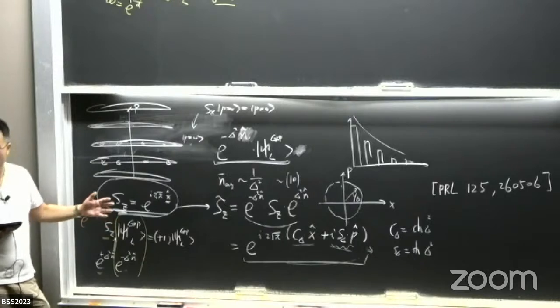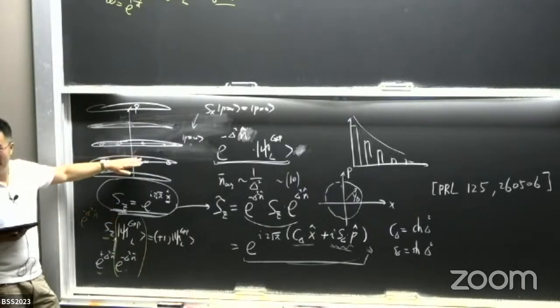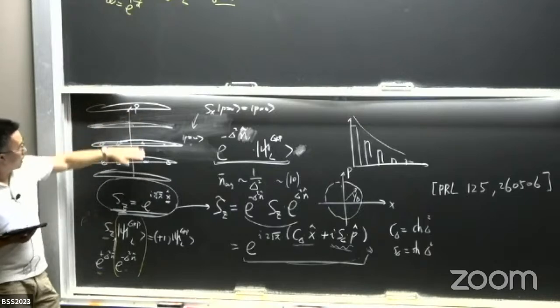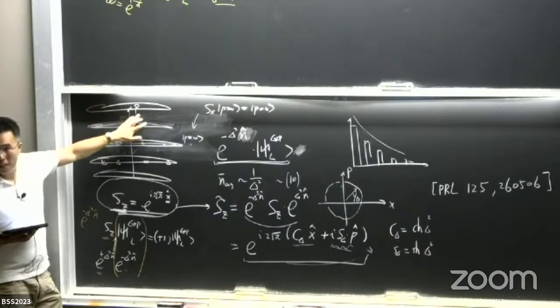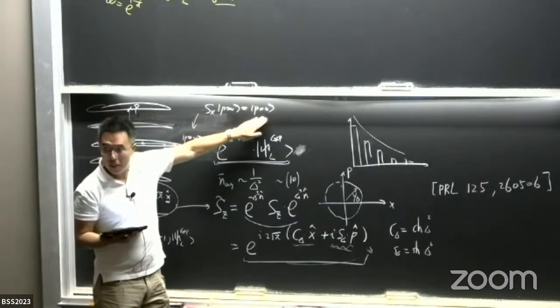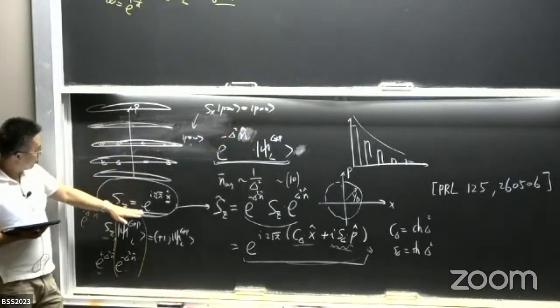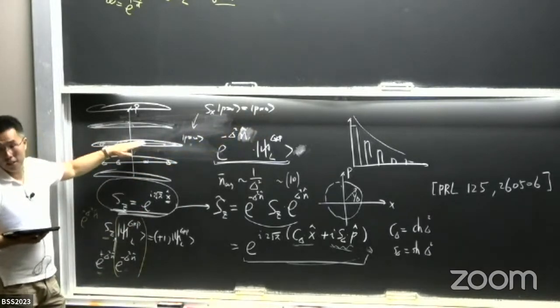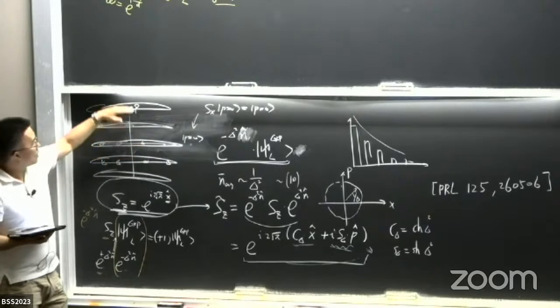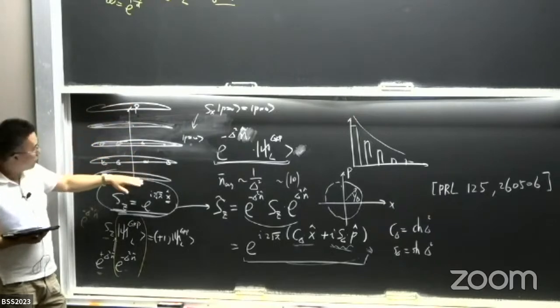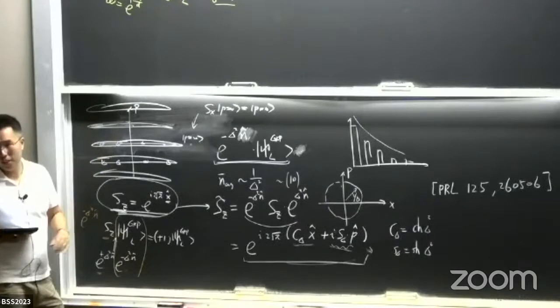There's nothing wrong with that, but that's a back action, which introduces a big uncertainty in momentum P, because initially there is no uncertainty in momentum P, but now after this measurement, you have infinite uncertainty in momentum P, at least in terms of the variance, even though it still has a periodic translation symmetry.